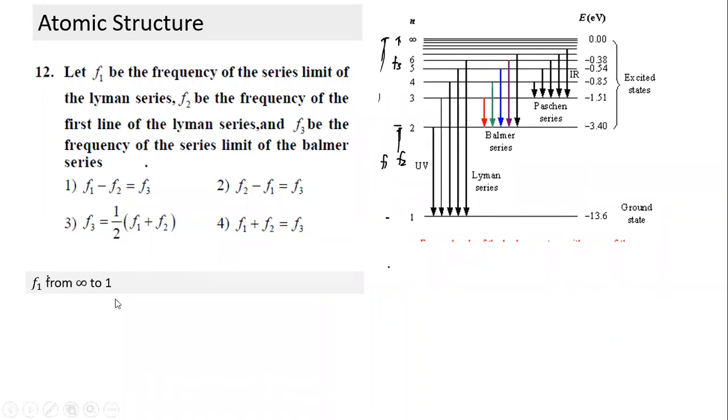F1 is from infinity to 1, F2 is from 2 to 1, and F3 is from the limit to 2. So the energy corresponding to F1 equals the energy corresponding to F2 plus the energy corresponding to F3, and we write hF1 = hF2 + hF3.